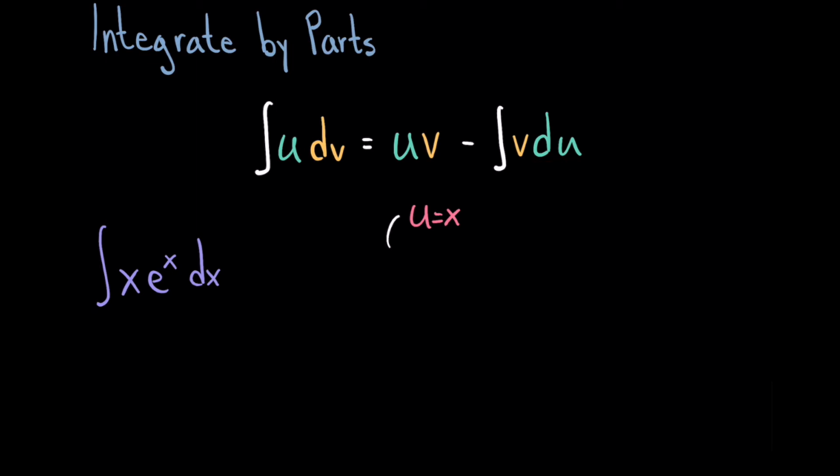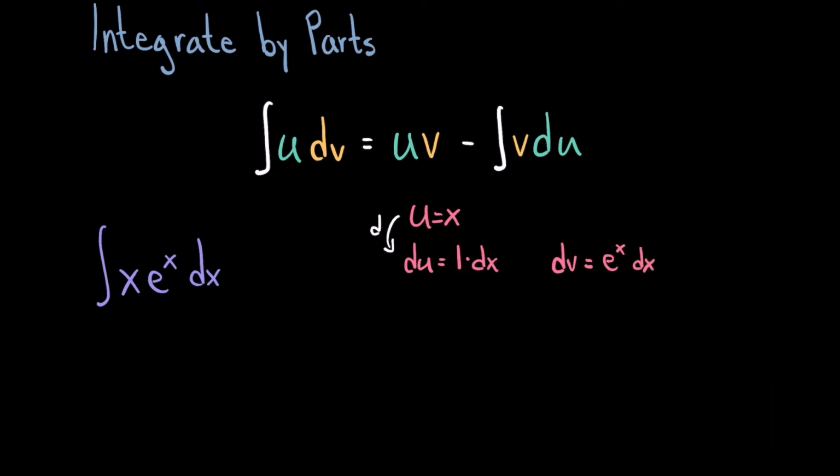By taking the derivative of both sides, on the left-hand side, du is equal to the derivative of x, that's just 1, times dx. On the flip side, we have dv is equal to e to the x dx.